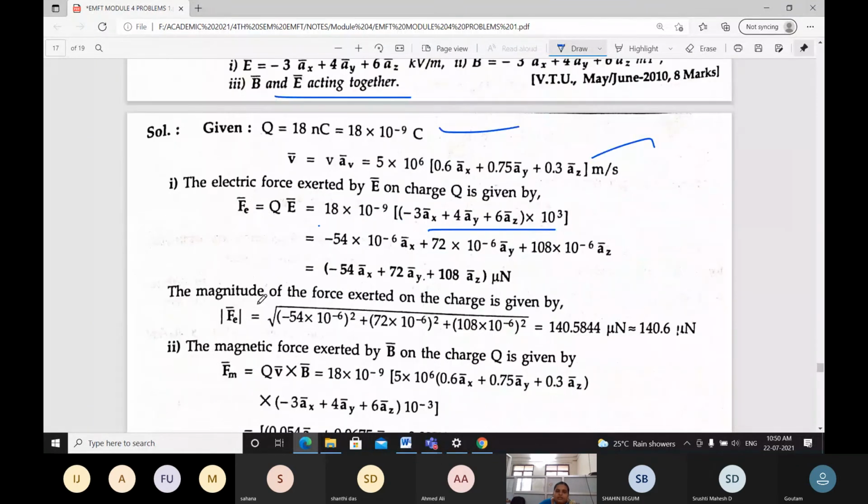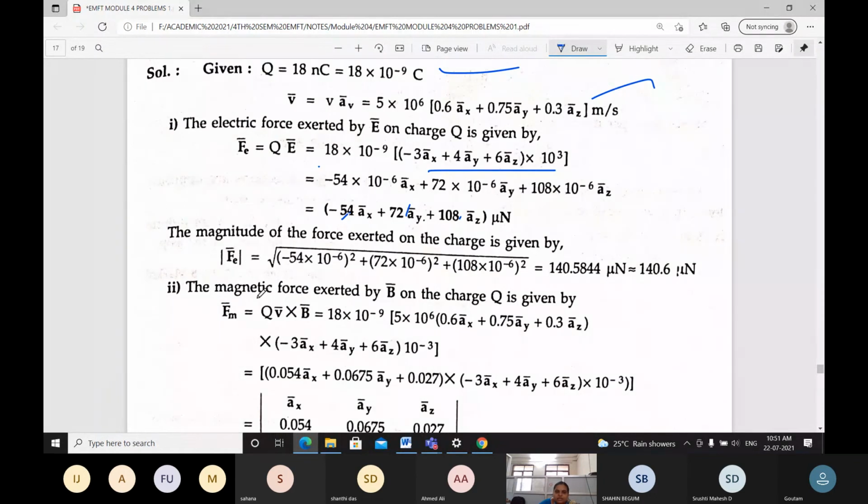Then the magnitude of the force exerted on the charge is given by mod of Fe. Take the square root, each element squared, and you will get 140.58, or else I can write it as 140.6 micronewtons.